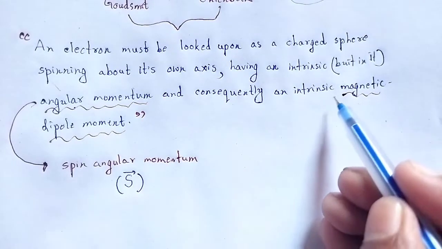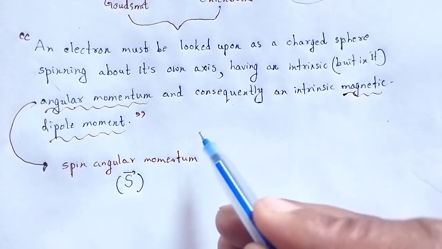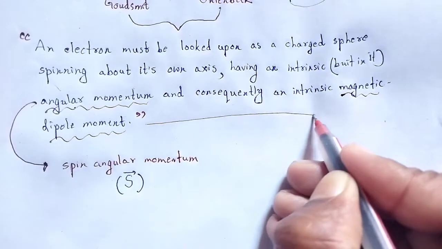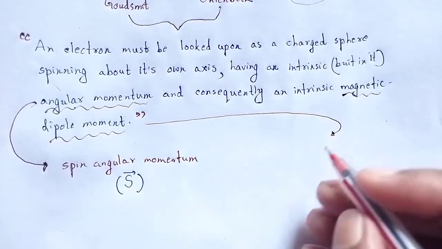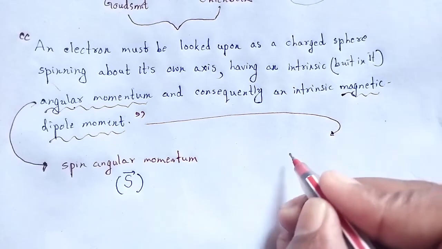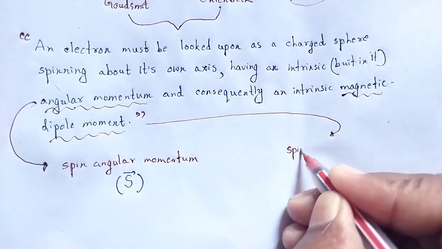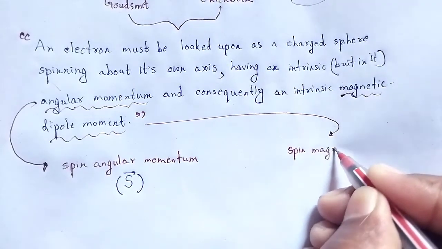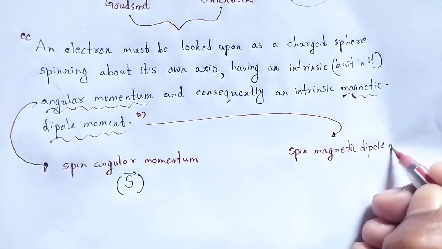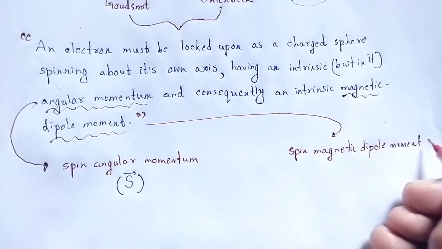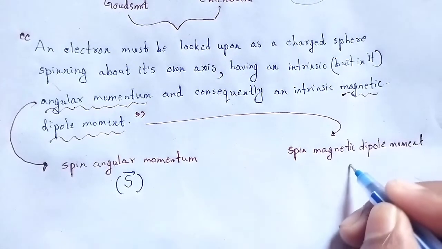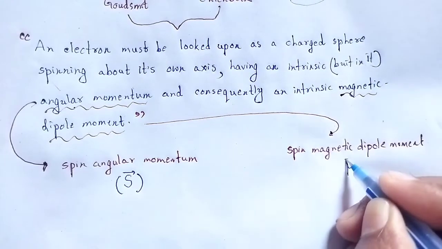And the intrinsic magnetic dipole moment created is the spin magnetic dipole moment, given as mu s vector.